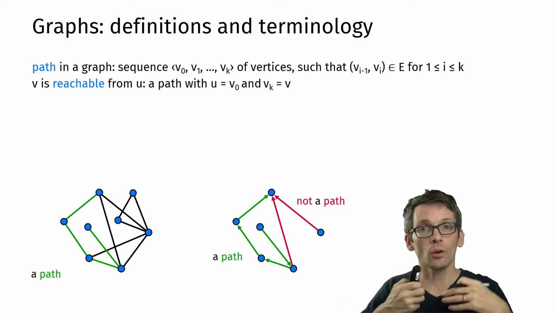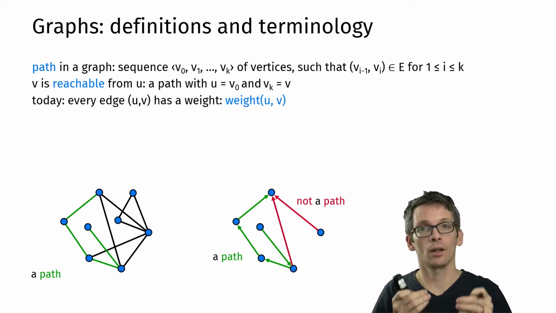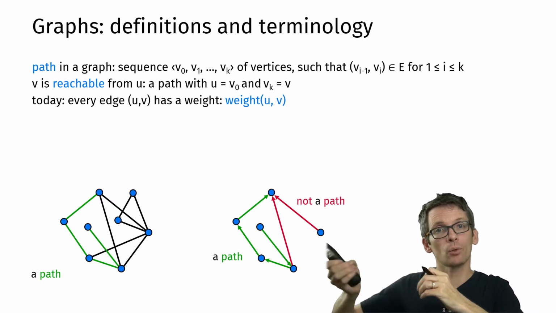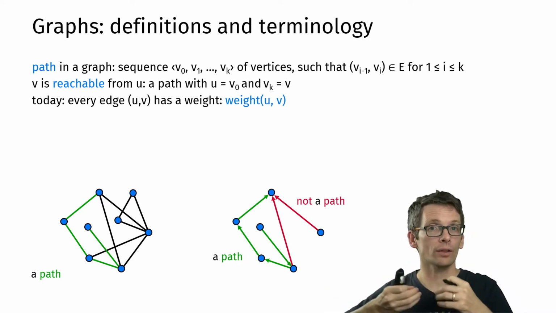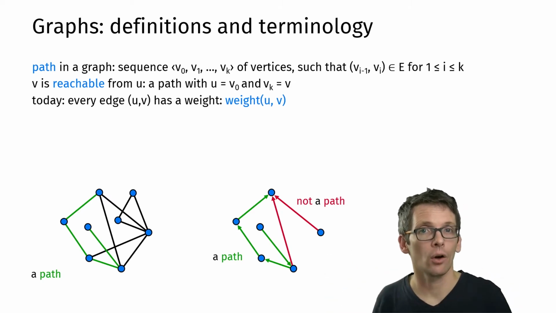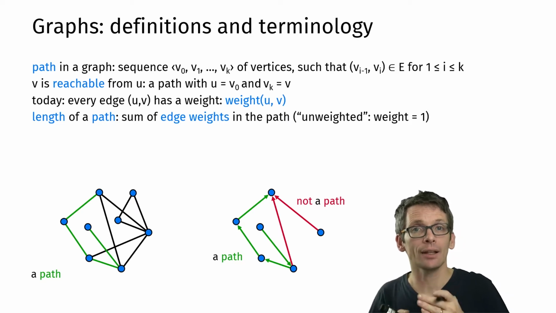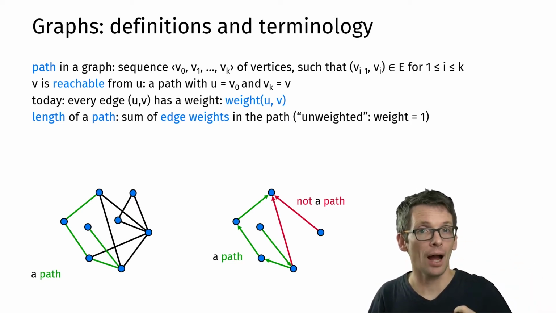And today we're going to look at graphs where the edges have weights. So for every edge I have an edge weight, and you can think of that as the distance between those two vertices, or as a travel time in the setting of a road network. Then the length of a path is the sum of edge weights along that path.